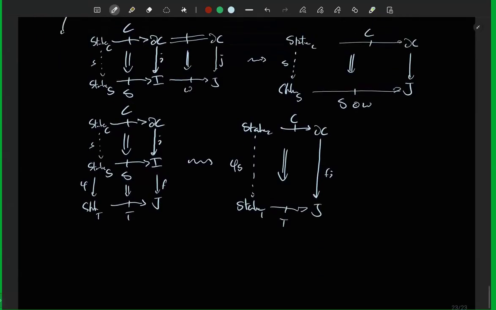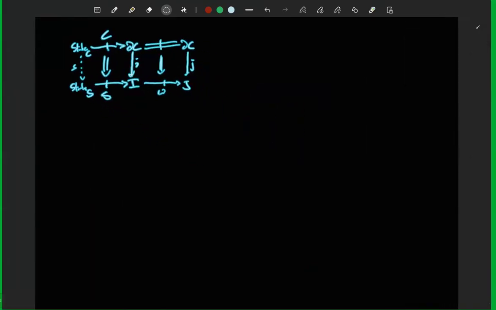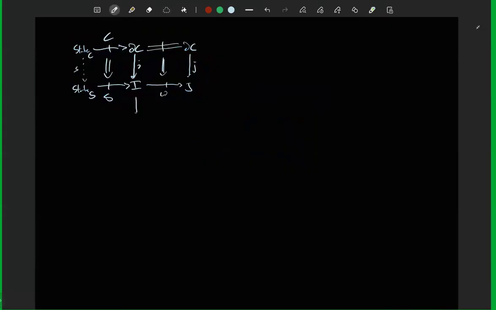So if I have both of these at the same time, and the cell here, then the resulting composite, I can do two things.